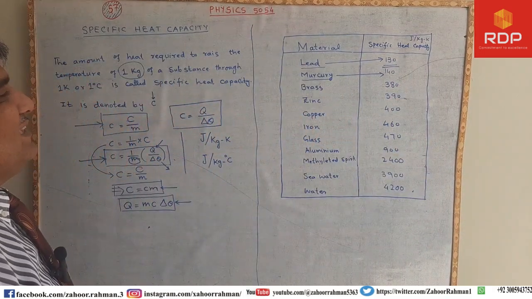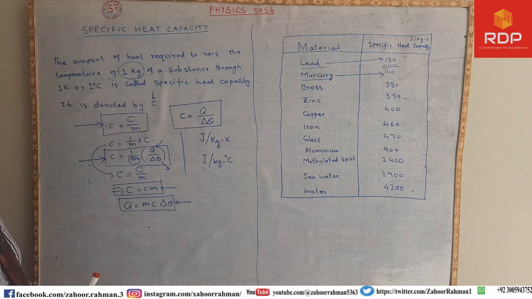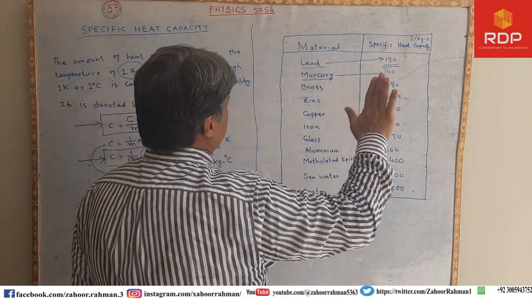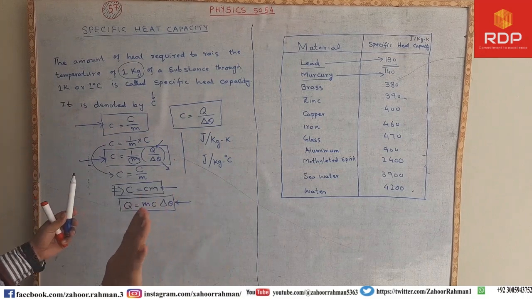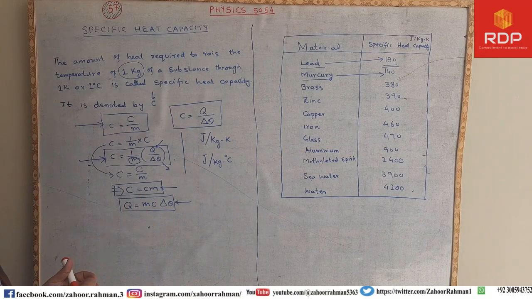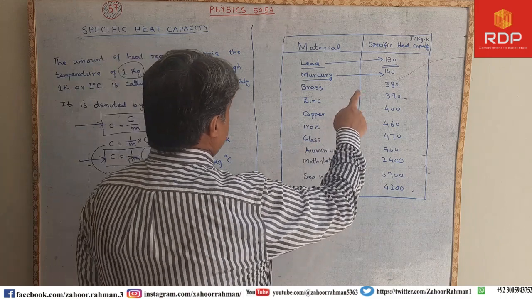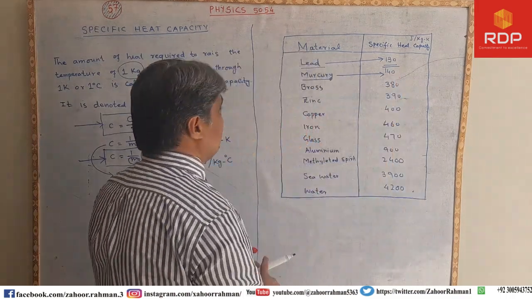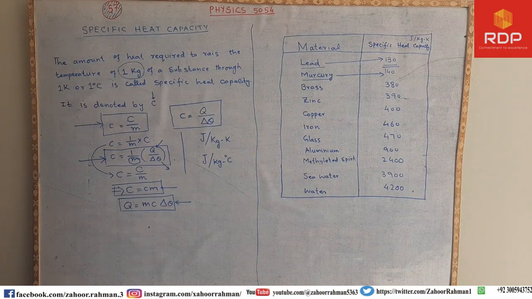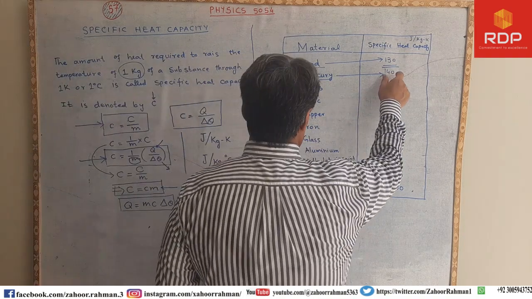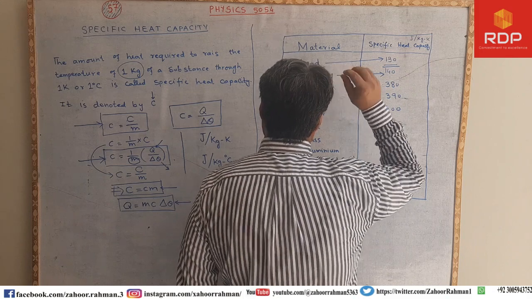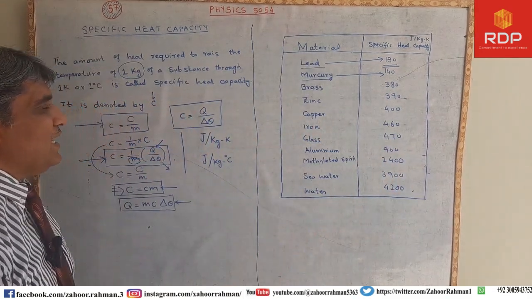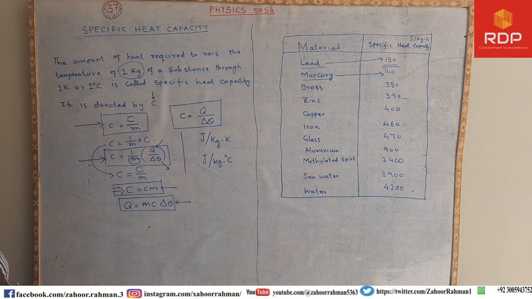It means that 130 joule of heat is required to fill this lead completely with energy. No more storage will be there in the lead. But mercury is having 140. So it means that 140 joule of energy is required to completely fill the molecules of mercury with the energy.